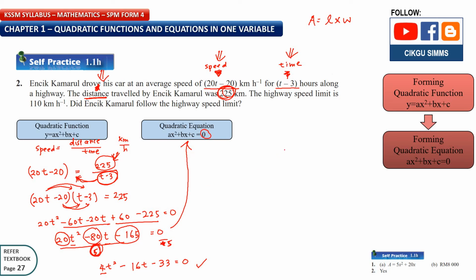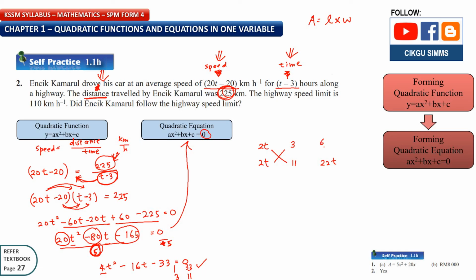This one we need to do the factorization. So I can test first 2t with 2t. And then the 33 is quite easy, because 1, 33 or 3, 11. Only 2 possibilities. So I choose 3 and 11. So this one I get 22.